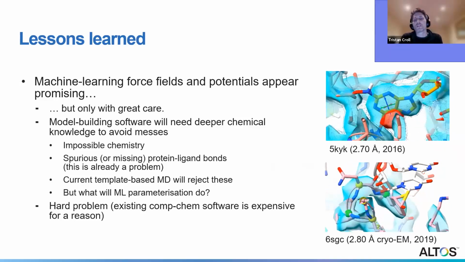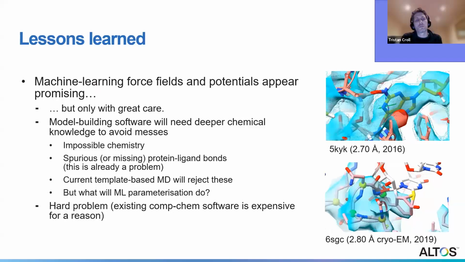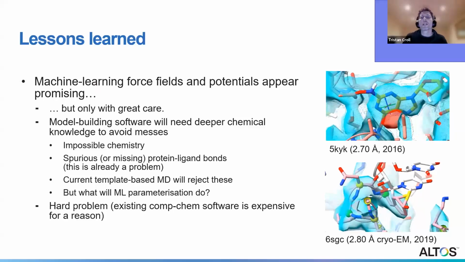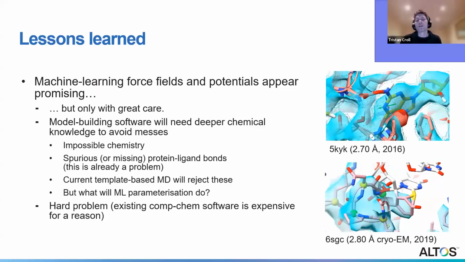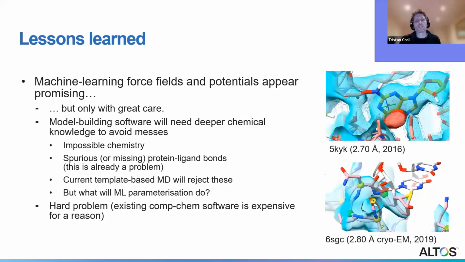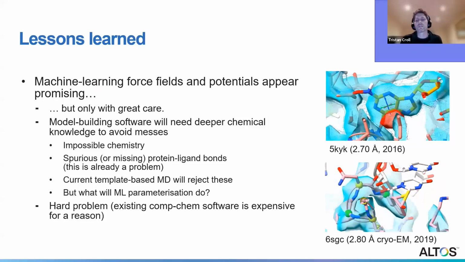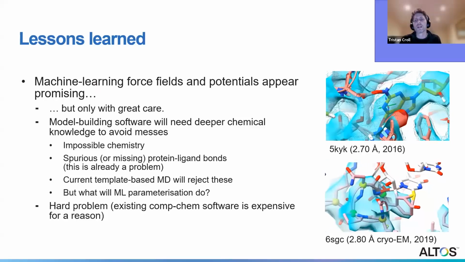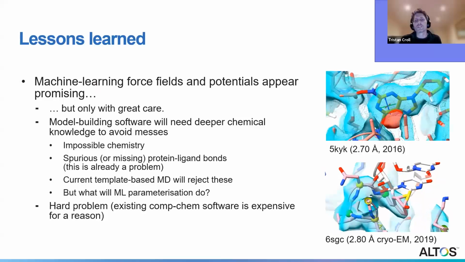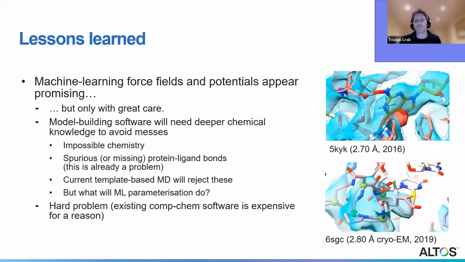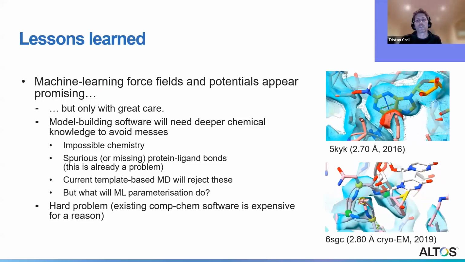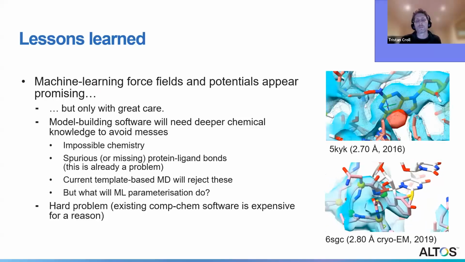But the thing about these is that they need to be used with great care, and the problem with them is a problem that we already have in the PDB now, is that it doesn't take too much digging through ligands and unusual residues in the PDB to find some impossible chemistry, like the sort of abstract art you see here on the right, where typically some overzealous software has turned clashes into actual covalent bonds, and then the refinement software has gone along with it and done some interesting things.